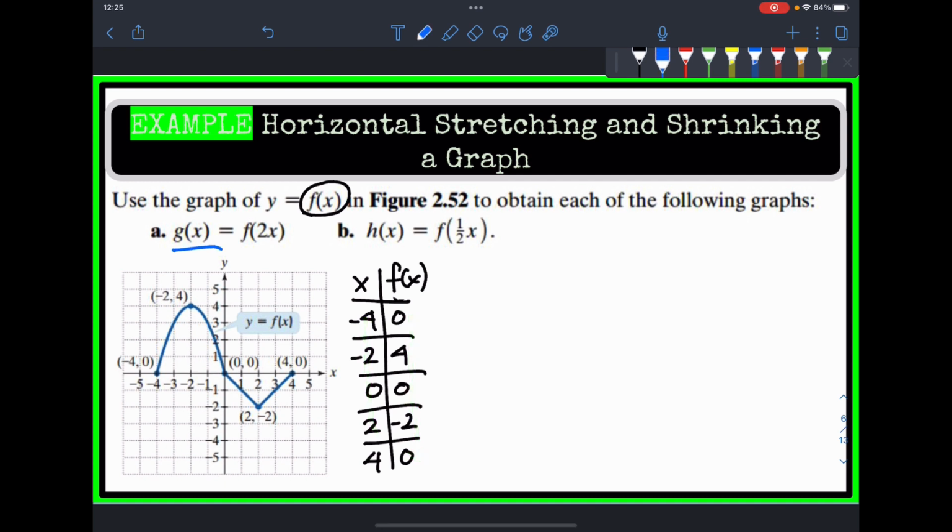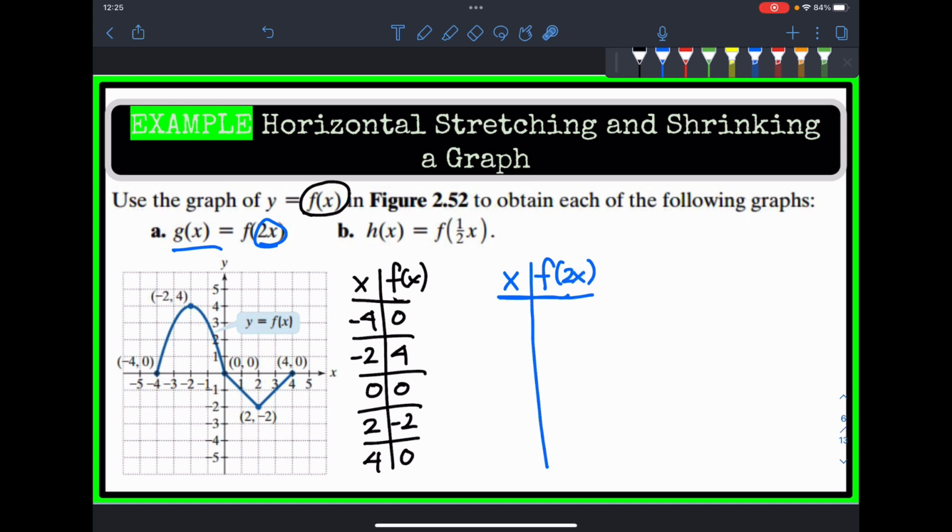Let's look at what g is going to do. g of x is going to equal f of 2 times x. So what this is going to do is that our input value is now 2 times what it originally was.